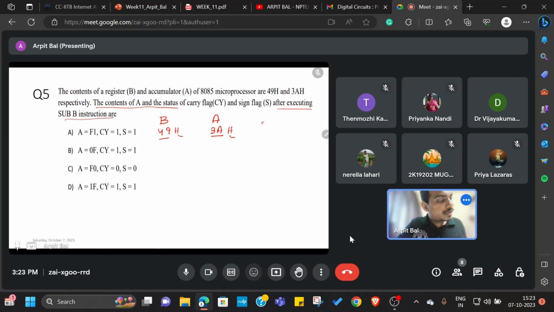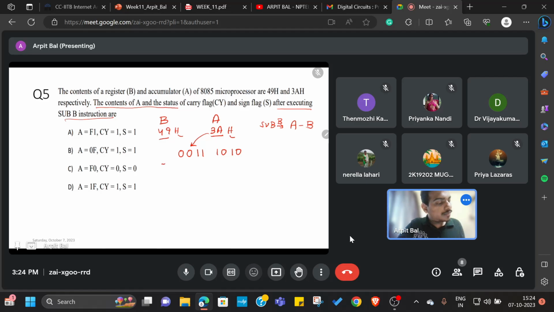SUB B instruction means subtract the content of B from the accumulator. So let me write 3A in terms of binary. It will be 0011 and A is 1010.